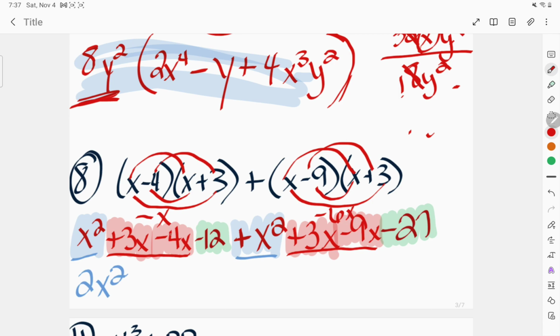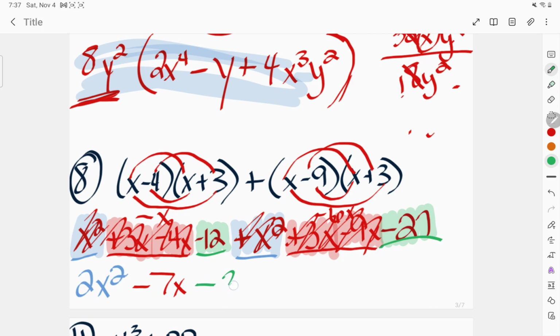And then negative x minus 6x is negative 7x. So I've done these. So last is negative 12 and negative 27. And that is going to give me negative 39. So that right there is your final answer for this problem.